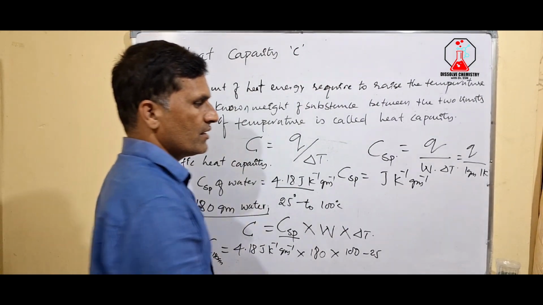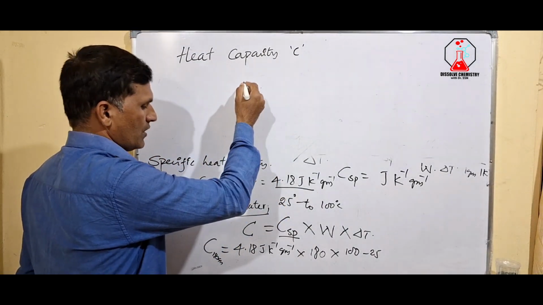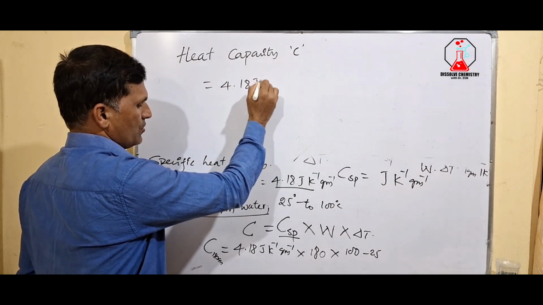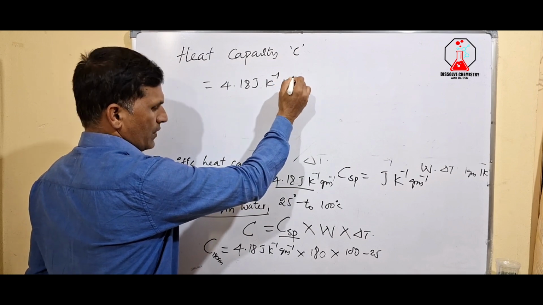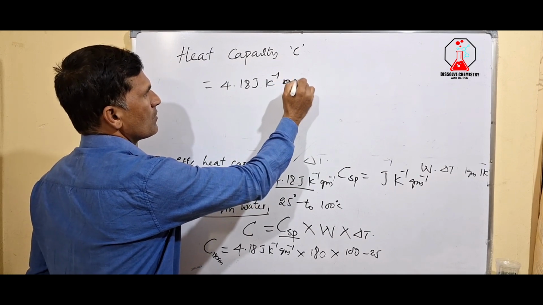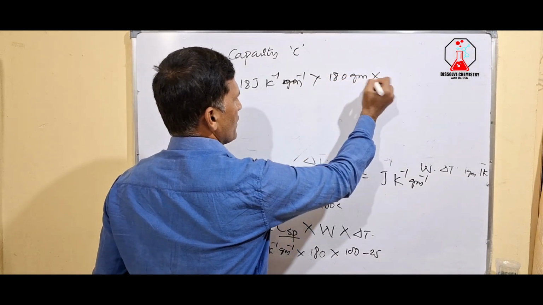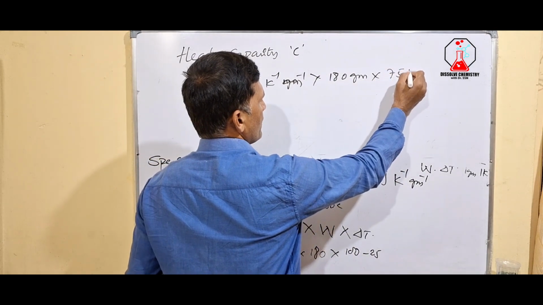So that we will calculate. So it turns out to be 4.18 joule per Kelvin per gram into 180 gram into 100 minus 25 is 75 Kelvin.